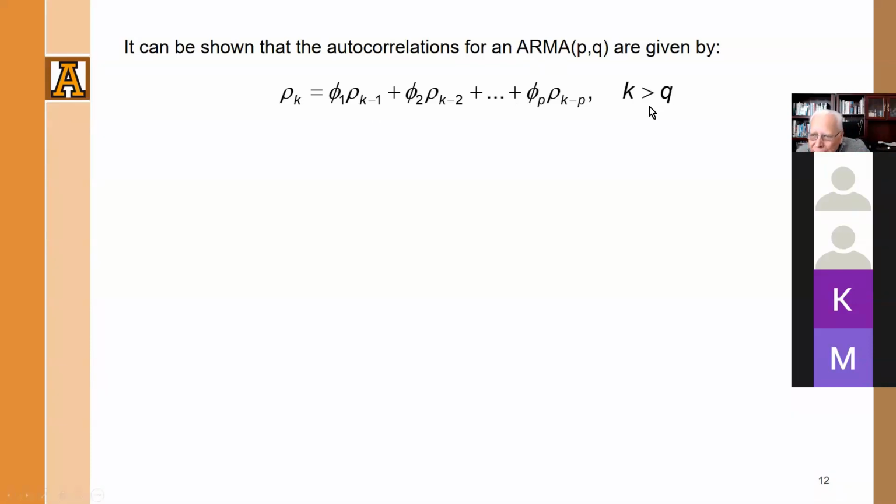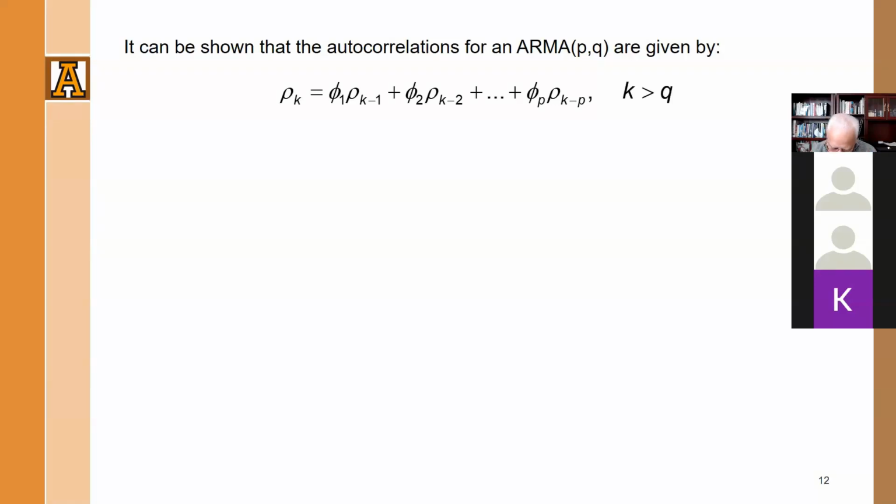So we saw it in the ARMA(1,1) when k was greater than 1, when q was equal to 1, right? When k was greater than 1, the autocorrelation function was dictated by the autoregressive polynomial, which is what we have here.